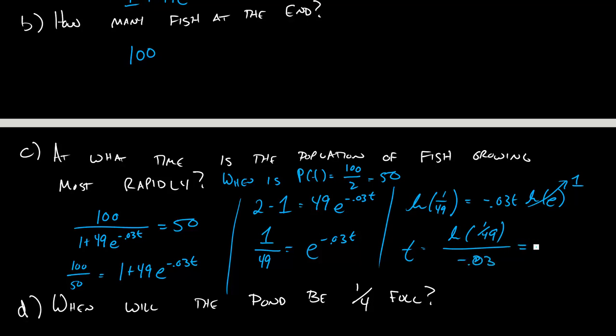Now if you plug that into your calculator, you will get 129.727. And so that would be your answer for the time when the population of the fish is growing most rapidly. It's growing most rapidly when the population is 50, and that occurs when t is equal to 129.727.